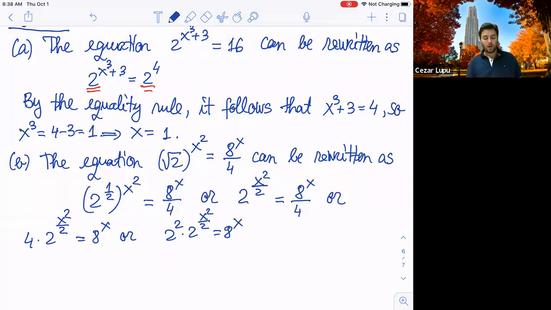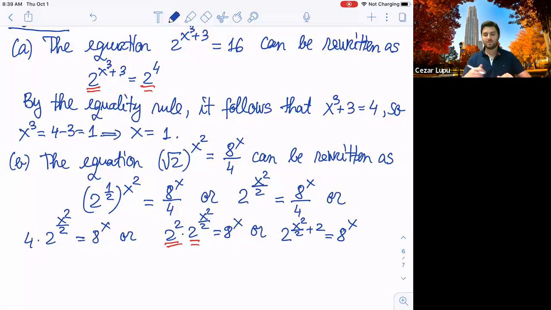And now, as you can see, we have the same base here, 2. So I will add the exponents. So this will be equivalent with 2 to the power x squared over 2 plus 2 equals 8 to the power x.